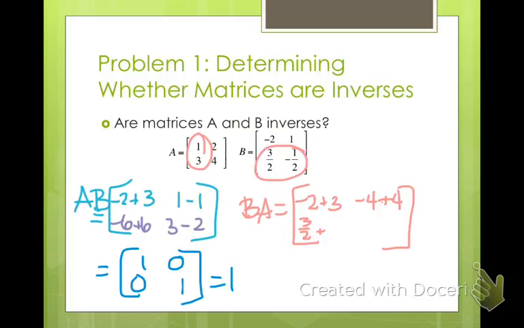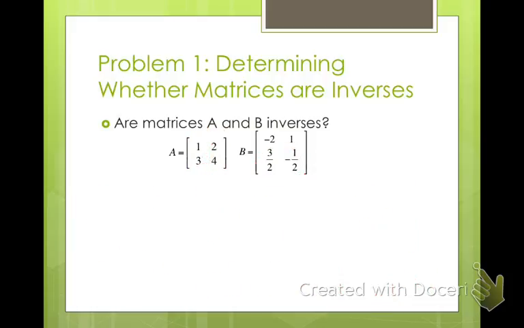Okay, and then that's negative 3 halves, and then this one here, that's 3 and negative 2. So BA is 1, 0, 0, 1, which is also the identity. So AB equals the identity, BA equals the identity. So since they both are the identity, they are multiplicative inverses. So you could say B is A inverse.